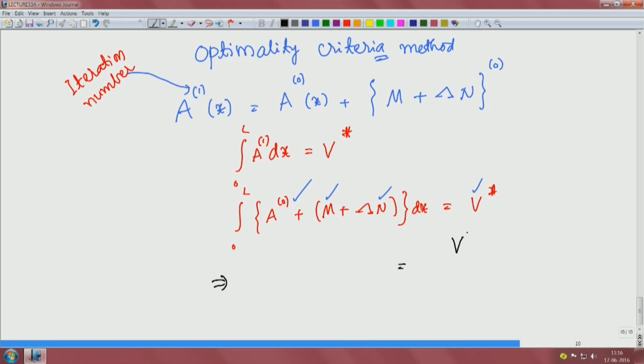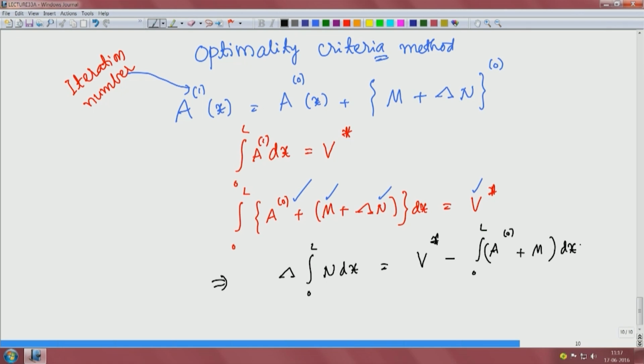So, I will write the lambda part of it: lambda into integral 0 to L n dx. N is equal to 1 here, but let us do it right, in general you may have n something else. So, n dx equal to V star minus integral 0 to L A0 plus m dx.